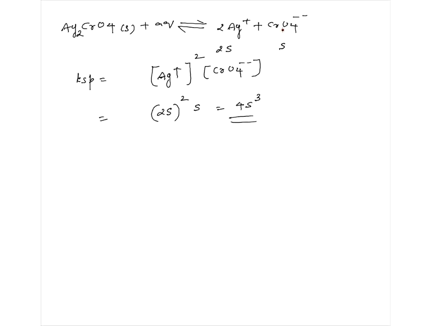But if you somehow get Ag plus and CrO4 minus in huge concentration, such that this number becomes more than Ksp of this, in that case, precipitation will take place and you will get solid particles of Ag2CrO4. The third case can be that you get Ag plus and CrO4 minus from outside in just enough quantity that this product is equal to Ksp, exactly Ksp of this.